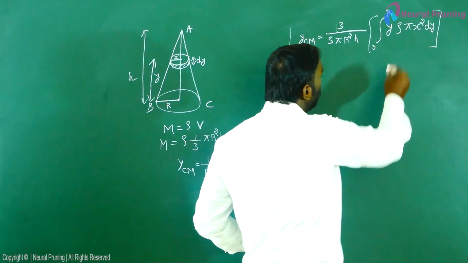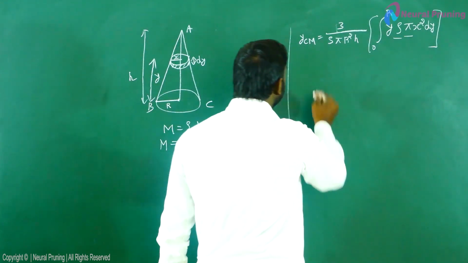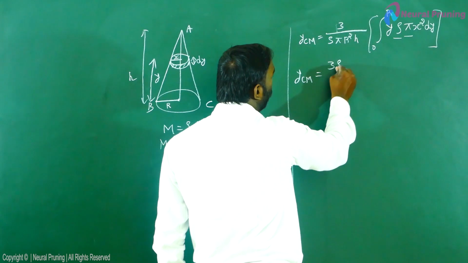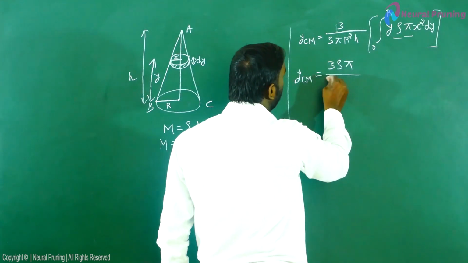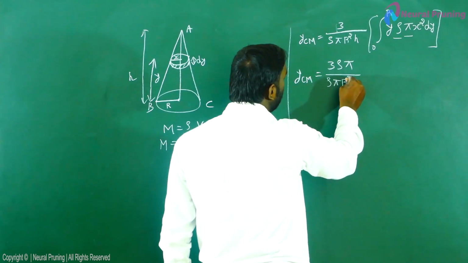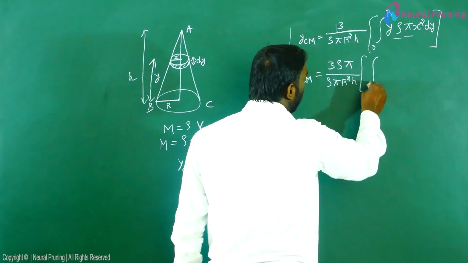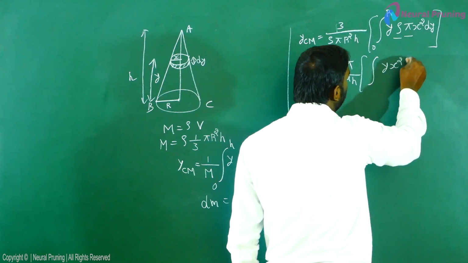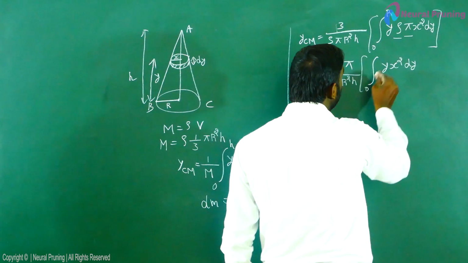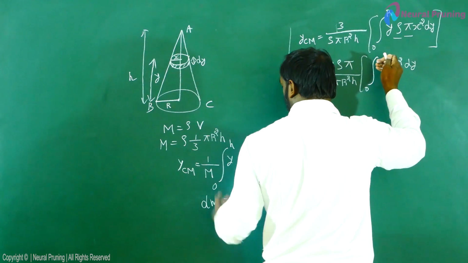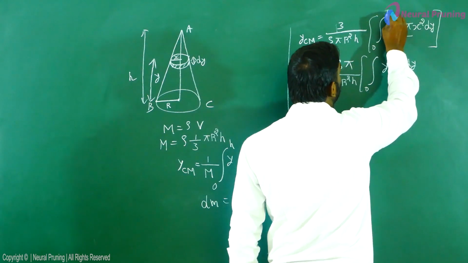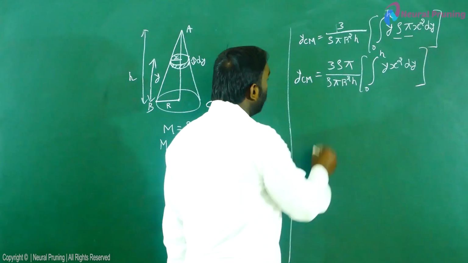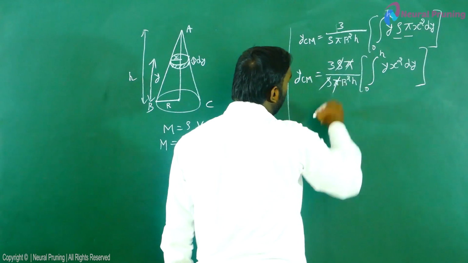See, here constant terms are rho and pi. YCM is equal to 3 rho pi by rho pi r square h into integration of yx square dy from 0 to, here total height is h. So cancel rho and pi.